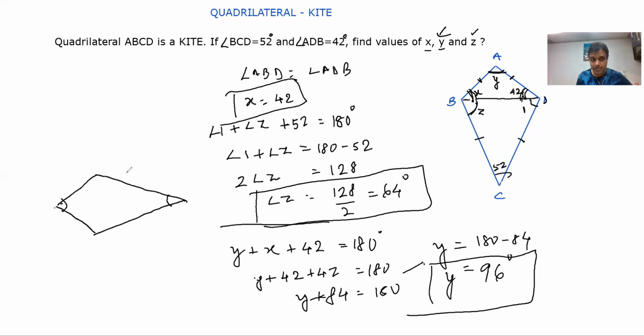So always remember this, the equal sides and the unequal sides. In this case, this angle will be equal to this angle. The angle between the non-equal sides is equal to the opposite angle. Not this angle equal to this angle, though this is also a kite.